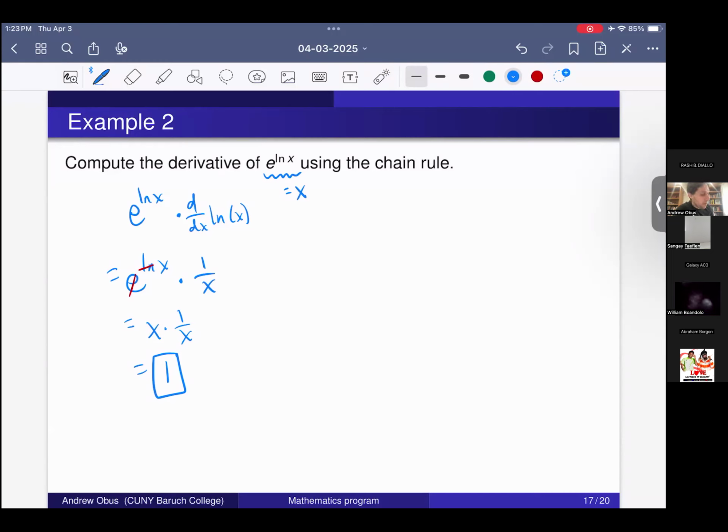We know the derivative of x is 1, and so the derivative of e to the ln x should also be 1. And when you do it correctly using the chain rule, you exactly get that it's equal to 1. Questions?